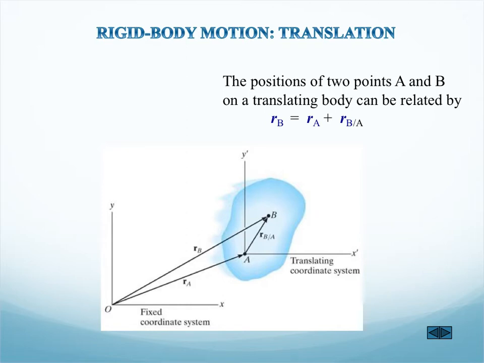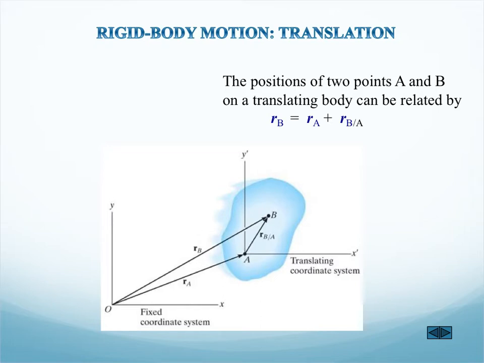We might locate 2 points on the rigid body, point A and point B. The position of A is given relative to the fixed coordinate system, and it actually is at the origin of the translating coordinate system. This system is moving, of course, relative to the fixed coordinate system. And then we look at position of object B, or particle B, on our object.